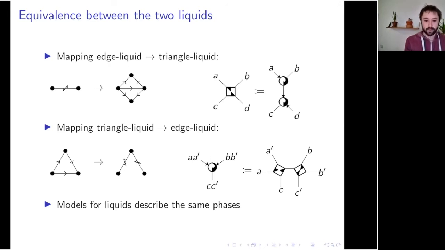Well, now you might think they are clearly in the same phase, because it shouldn't be a surprise, because they both describe two-manifolds. However, this is not the case. And actually, we've already seen another liquid describing two-manifolds, namely the one without branching structure, which is also not equivalent to these liquids.